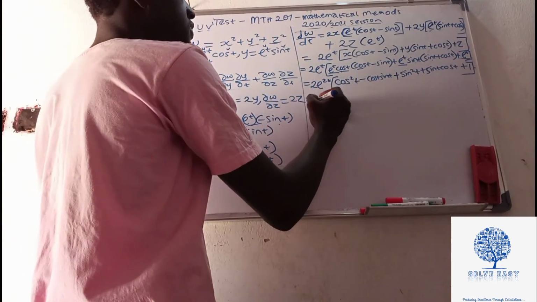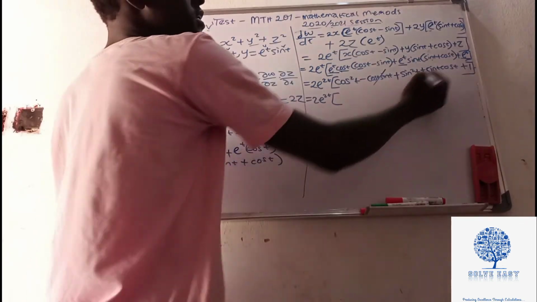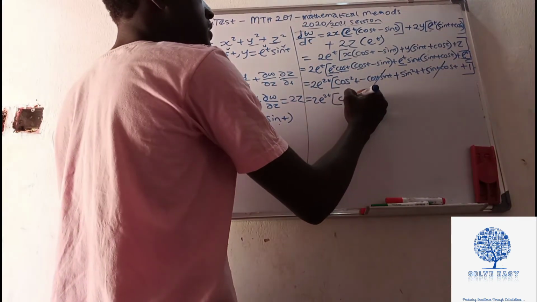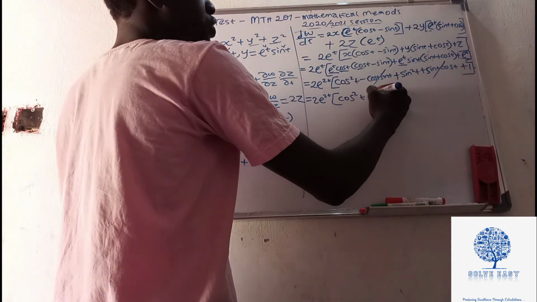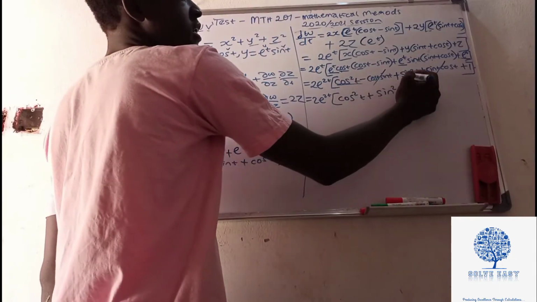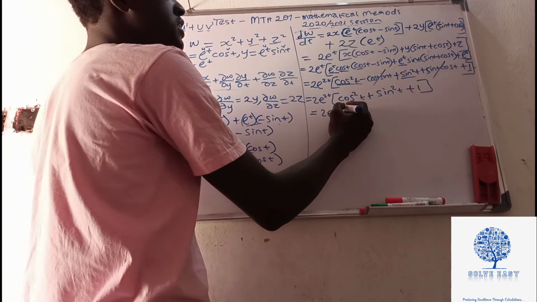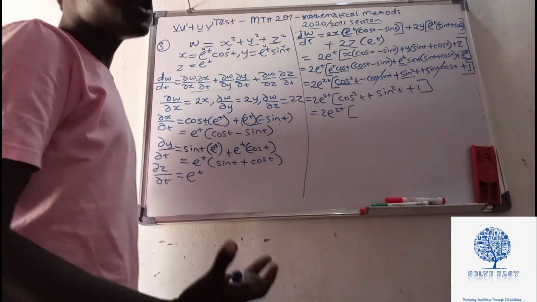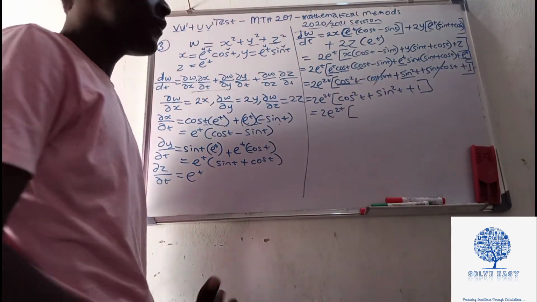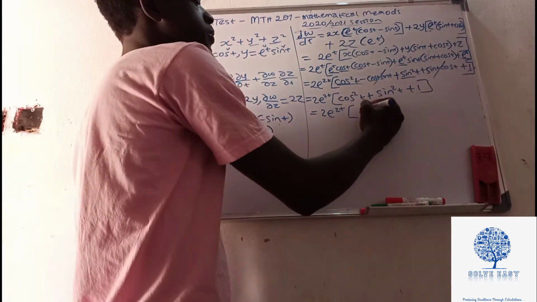Now this gives us 2e^(2t) times, minus cos t sin t plus sin t cos t gives us 0. We are left with cos squared t plus sin squared t plus 1. From our trigonometric identities, cos squared t plus sin squared t gives us 1, and then we are left with plus 1.